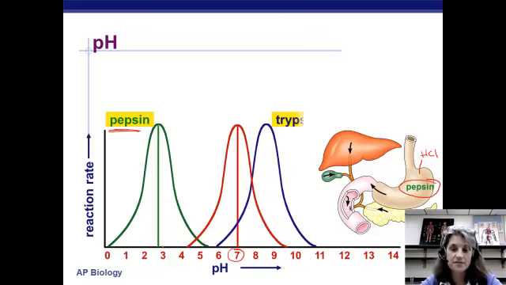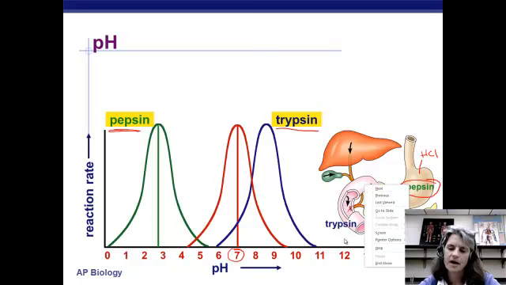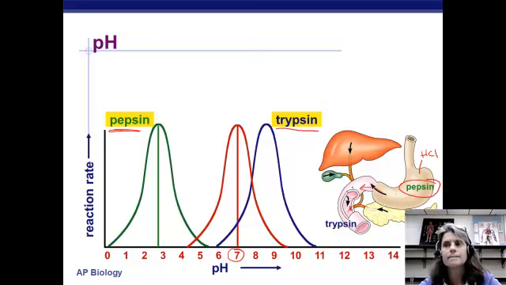There are other enzymes in your digestive tract. Trypsin is one, and trypsin is actually secreted from the pancreas into the small intestine. This is the stomach, this is the small intestine, and when the partially digested food exits the stomach into here, basic substances are added to this acid to try to neutralize it.